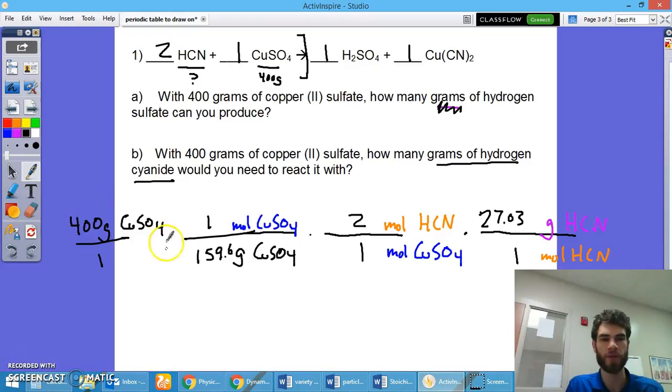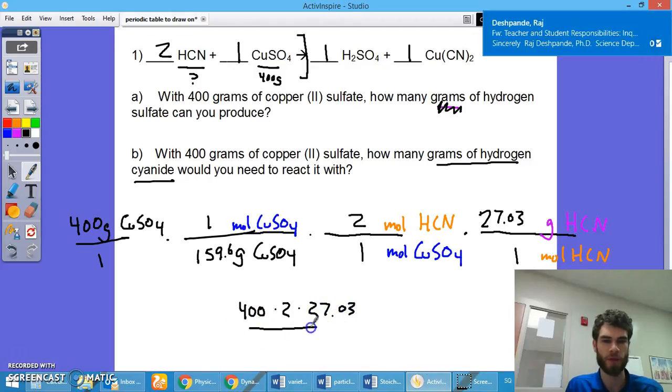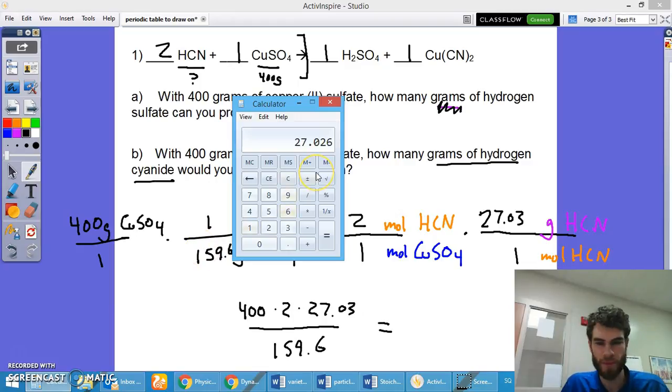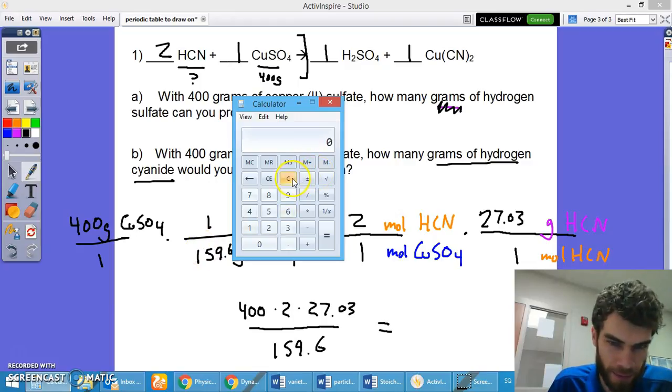So it's time to mathematically simplify and get our answer. On top, we have 400 times 1 times 2 times 27.03. So, top of our fraction, 400 times 2 times 27.03. On the bottom, we have 1 times this number here times 1 times 1, which is just that number, 159.6. Okay, when we put that all into the calculator, what do we get?